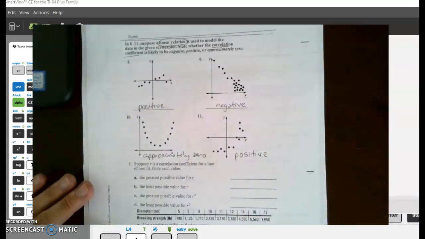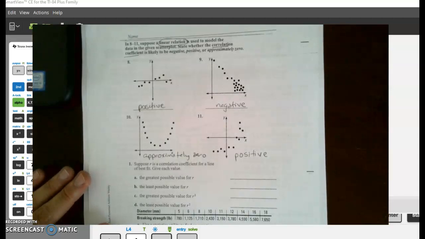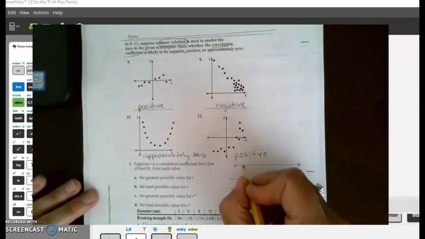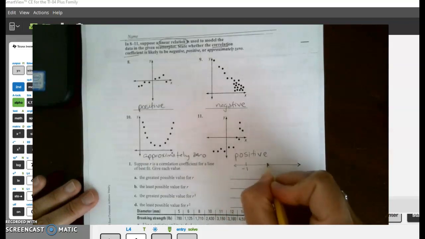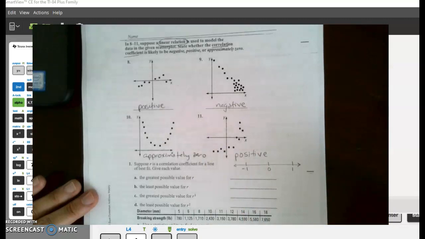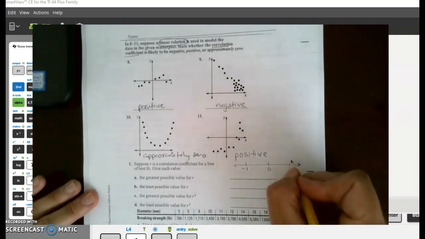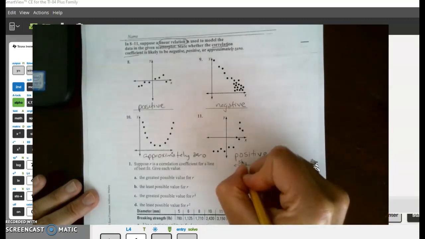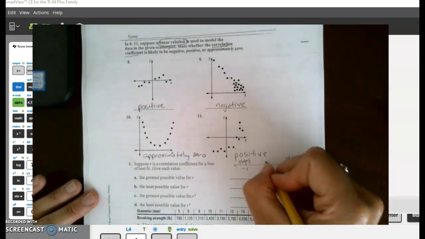Let's look at number 1. Number 1 says, suppose R is a correlation coefficient for a line of best fit. Give each value the greatest possible value for R. Let's first draw a number line. The number line for R goes from -1 to +1. The closer you are to either end, the stronger the relationship.